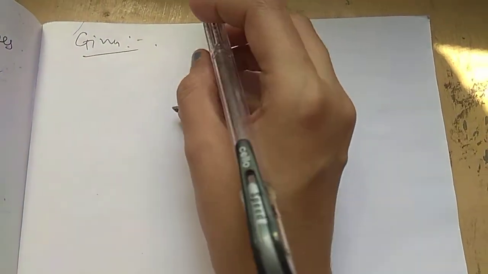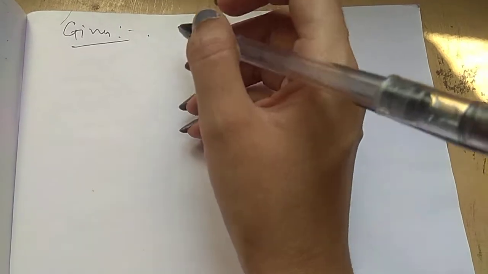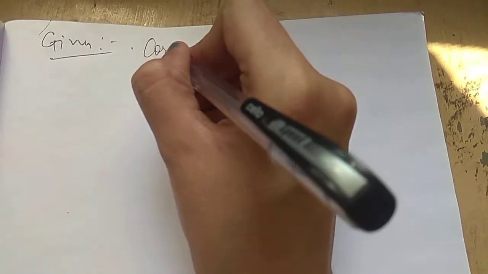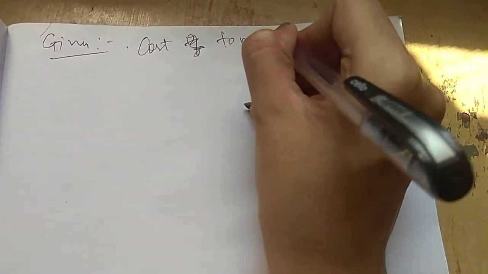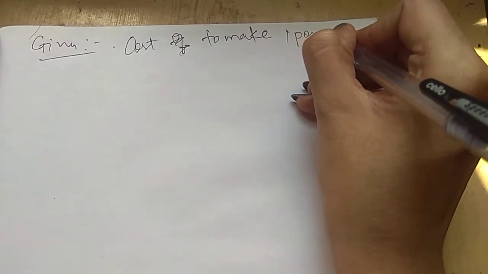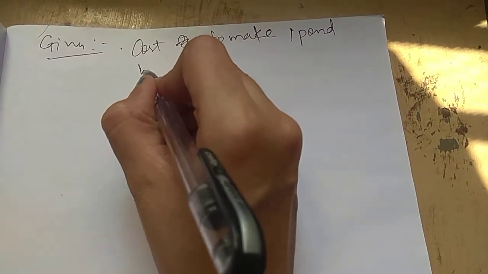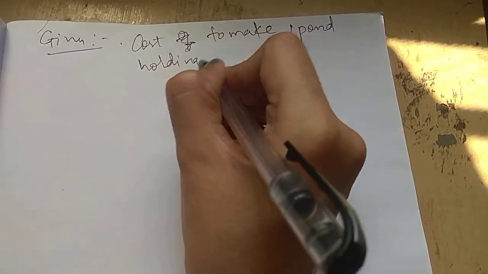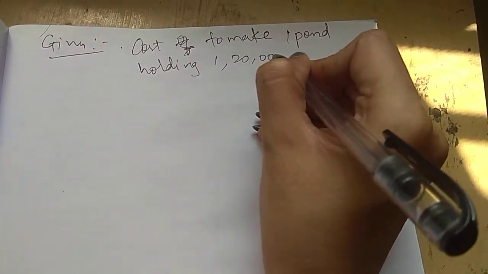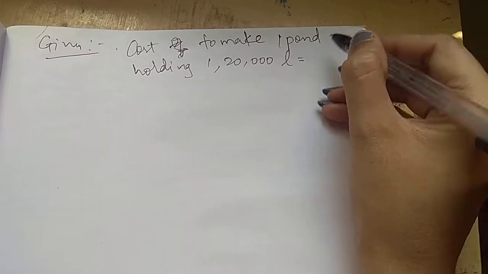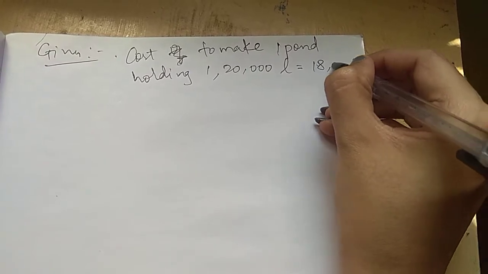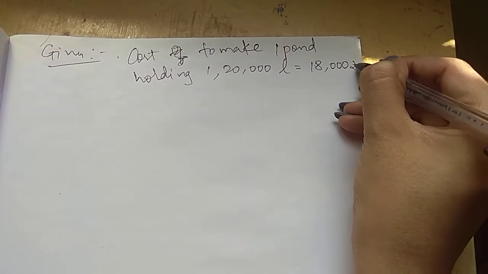So given, what is given? Cost to make 1 pond holding 1,20,000 liters water is how much? 18,000 rupees.